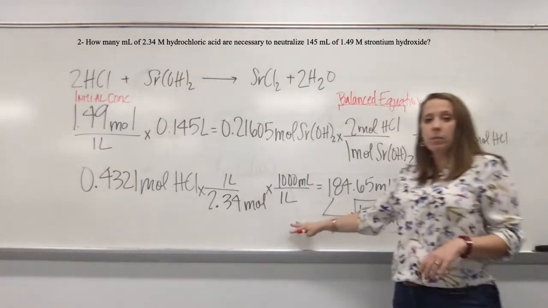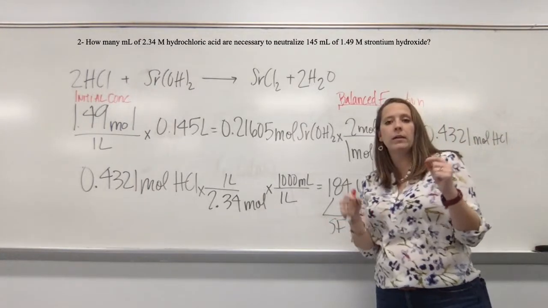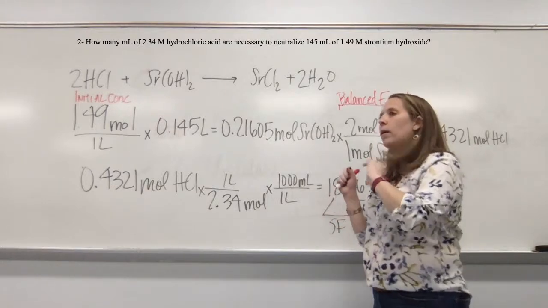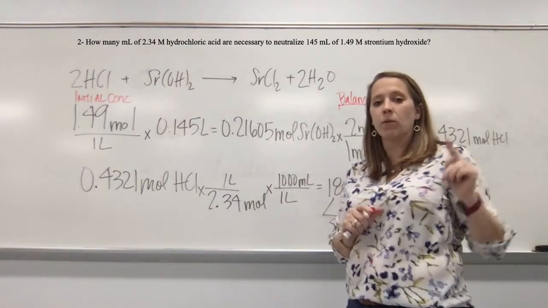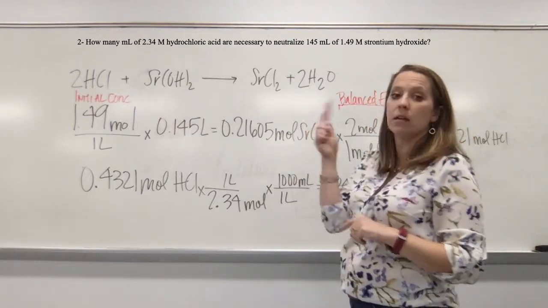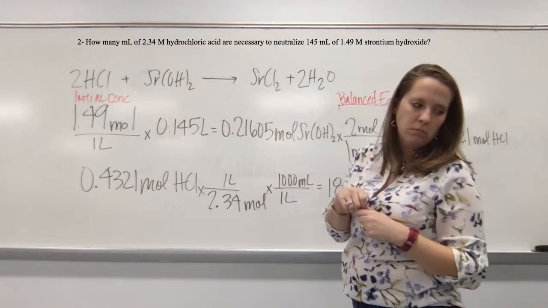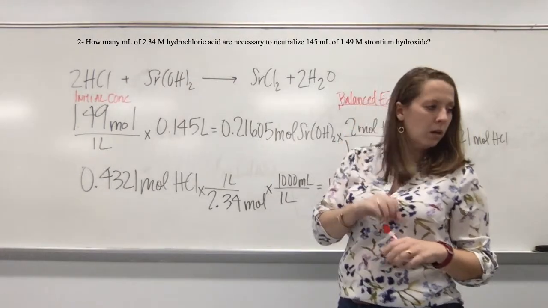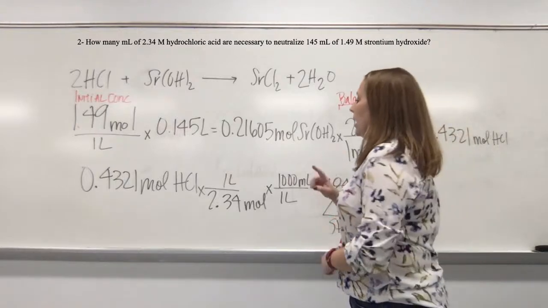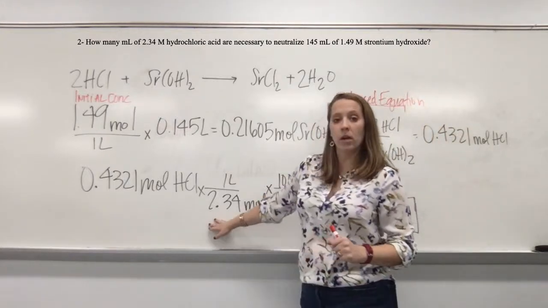Now, this part down here is a little bit tricky. Oftentimes when we think about titrations or neutralizations, we are solving for the molarity of the acid, like we'll see in two questions from now, in number 4. But in this one, it asks for the volume.